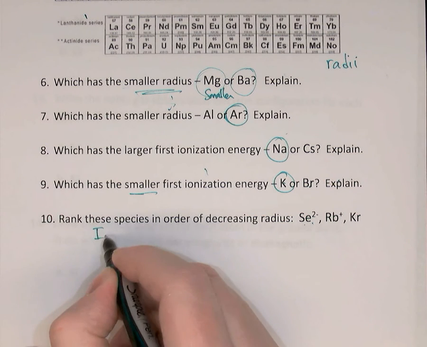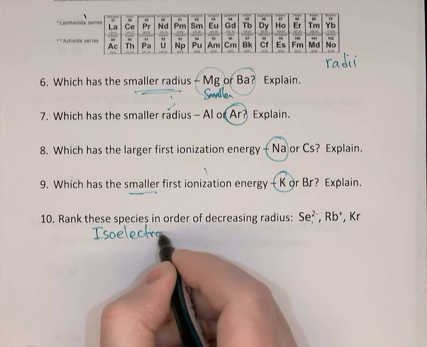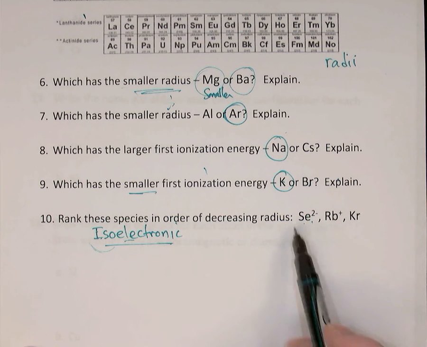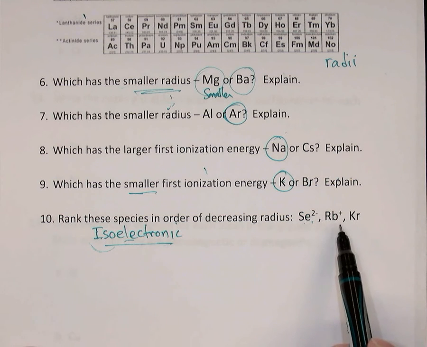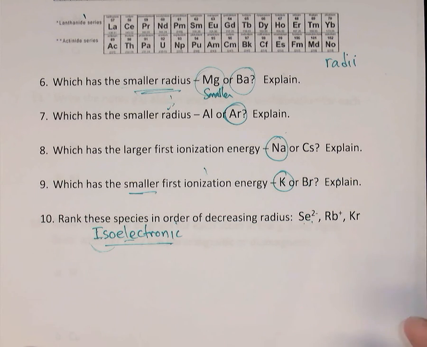The word we used in our notes was to say that they are isoelectronic. And that's just a scary looking word, which means they have the same electron configurations. Now, why is that an important thing to note? If their electron clouds are identical, then the only thing really differing between these three things is their nuclei, the positive charge in the nucleus.